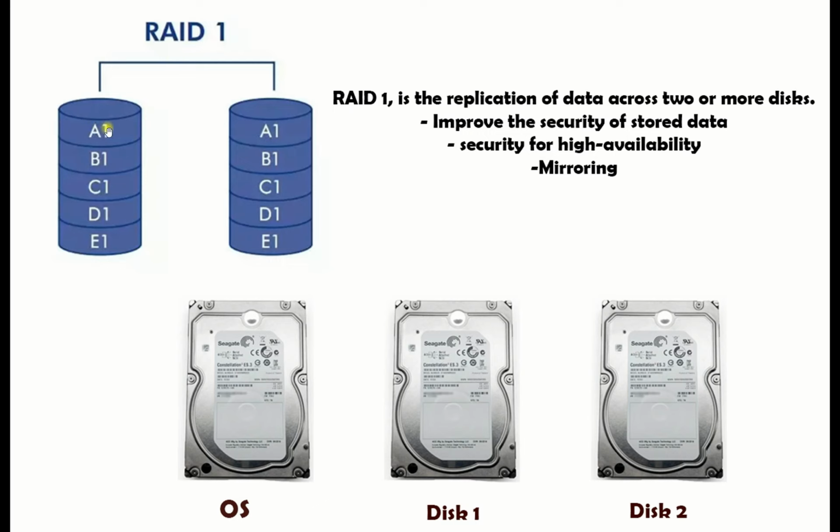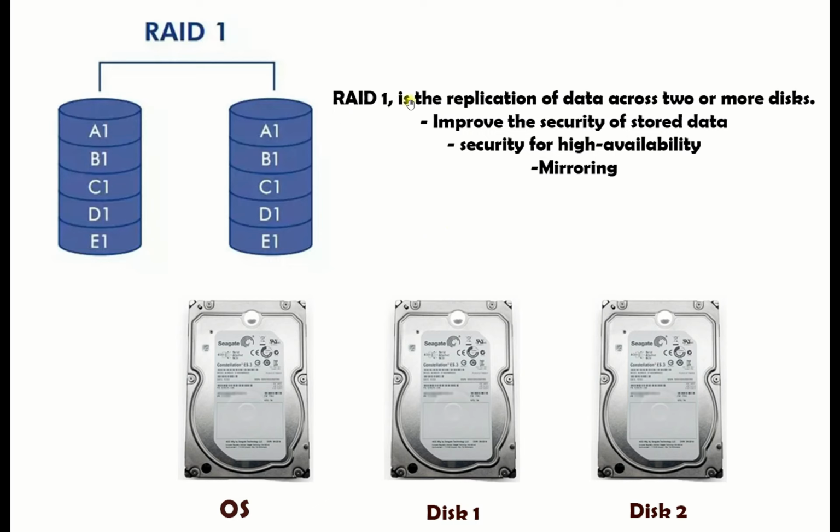Like this one, I have document 1, document 2, so it will be mirrored or replicated to another disk. Let's say if this one has an error, we still have this side, and if this side has an error, we still have this one. So we keep our file server or our hard disk going live with fault tolerance.